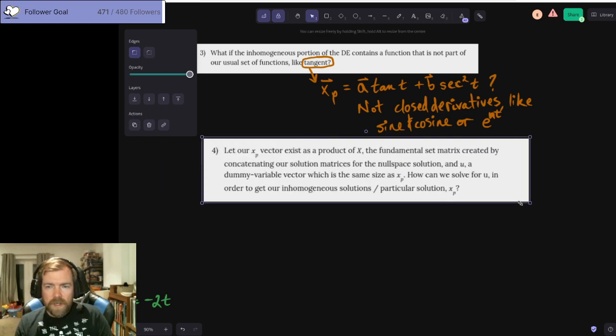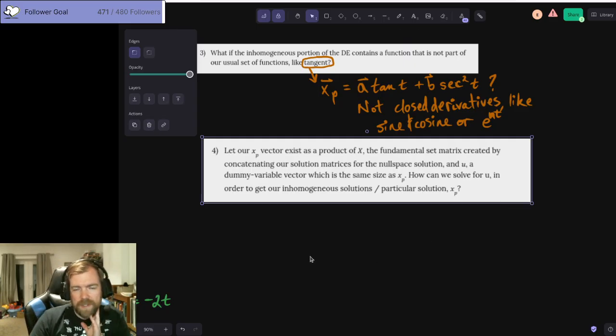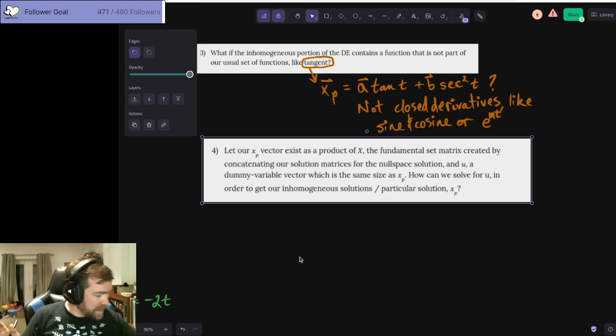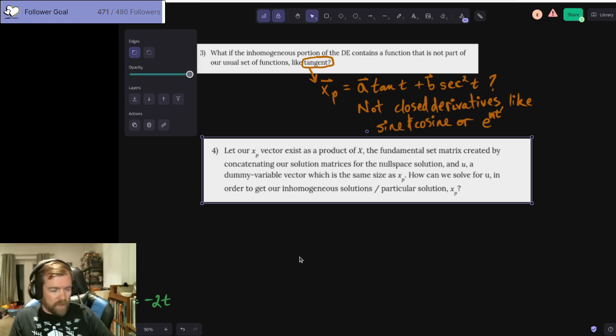All right. So, let's let our x sub p vector exist as a product of the fundamental set matrix, created by, in this case, taking our null space solutions and concatenating all of our solution matrices together. Keep in mind, this is kind of what we were doing last time when we were diagonalizing the matrix, where we were taking the eigenvectors and concatenating them together.